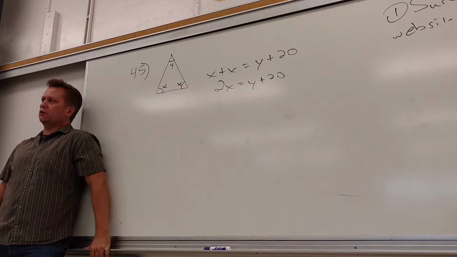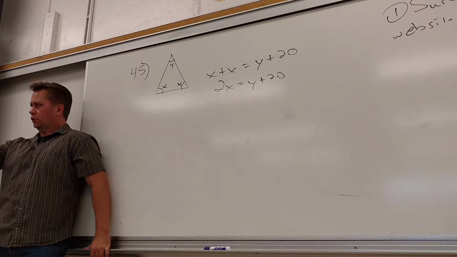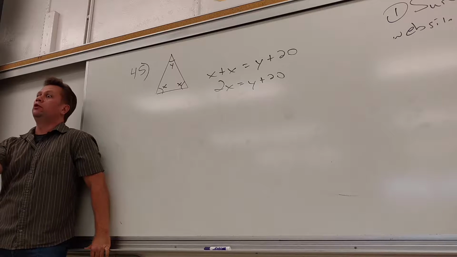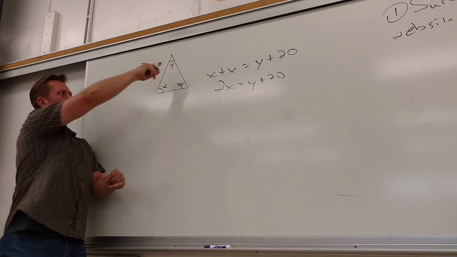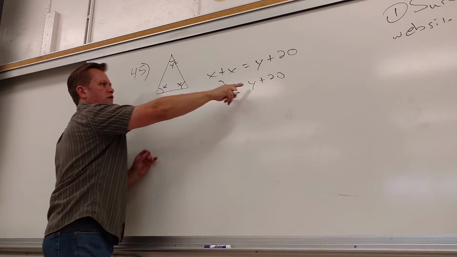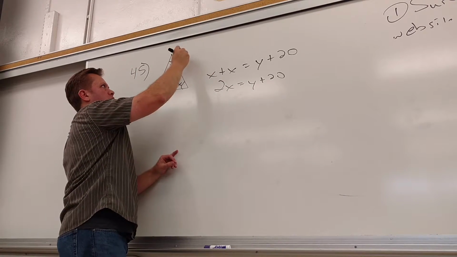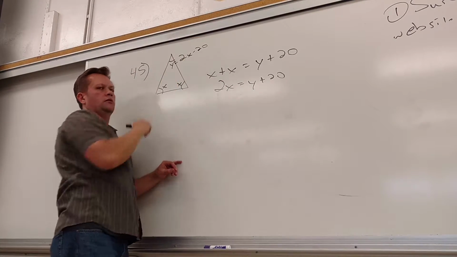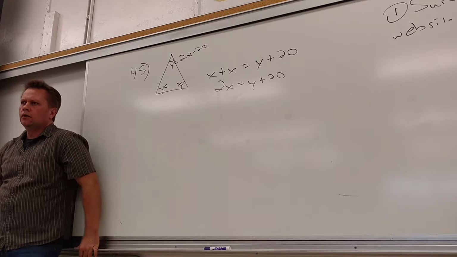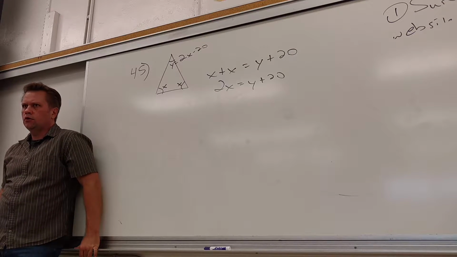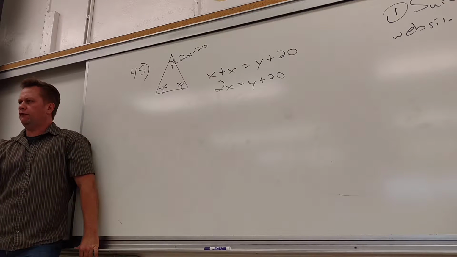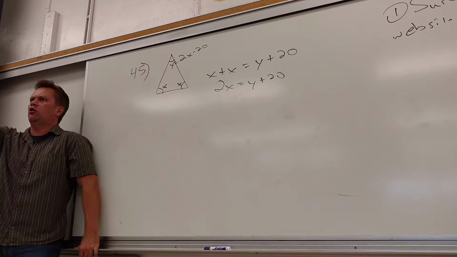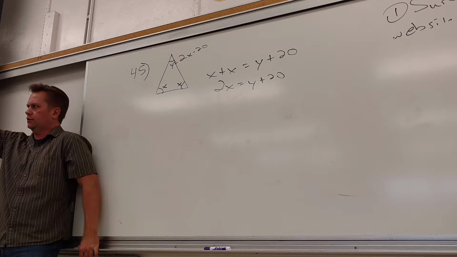And we like that because we only want one variable to work with, so I can solve for it and be done with it. So I don't want all these. What is y, though? Like Nathan just said, if you subtract 20, you get y is 2x minus 20. So what I just did was, this was a very visual problem. It's a geometric problem. I could draw a triangle and work with it.